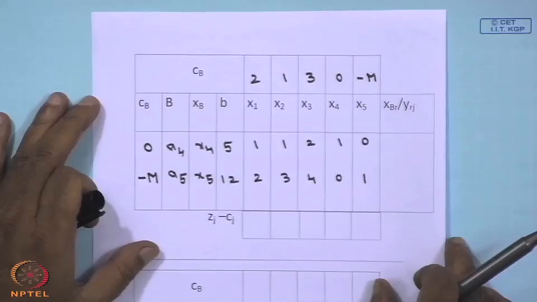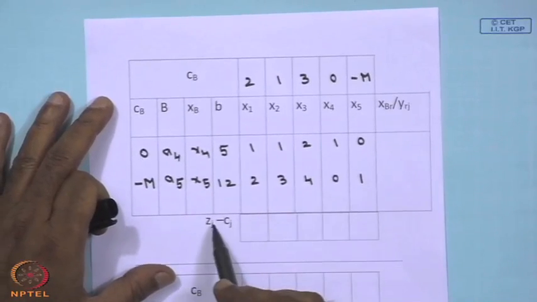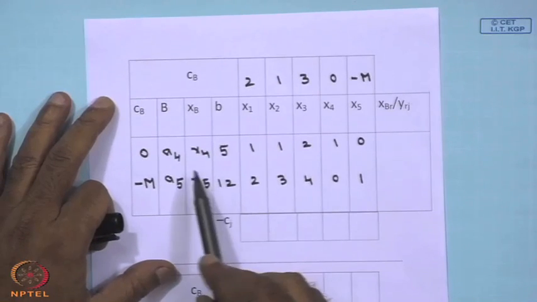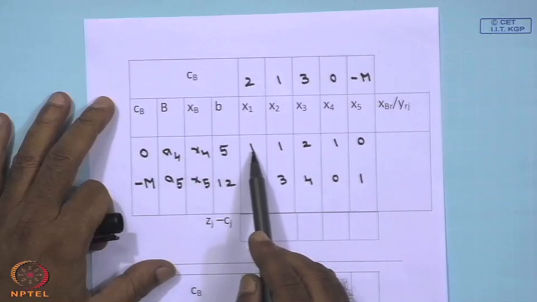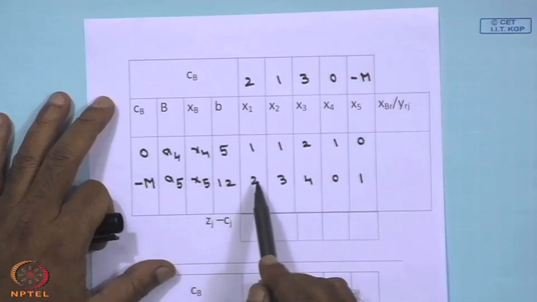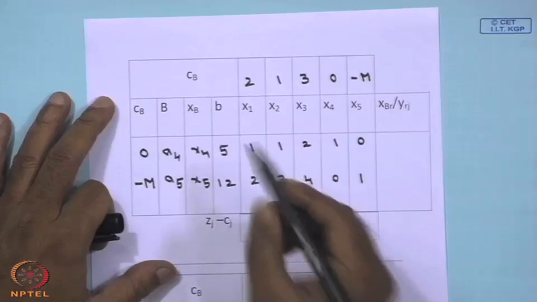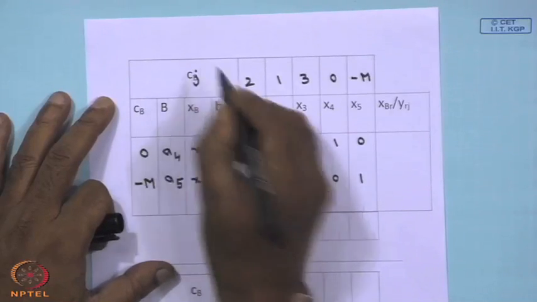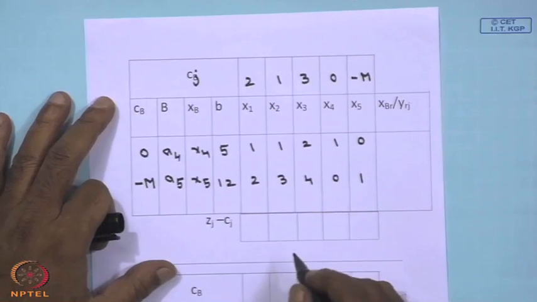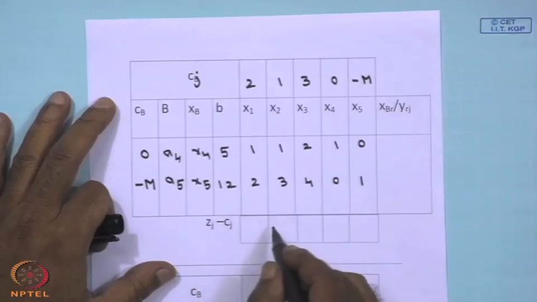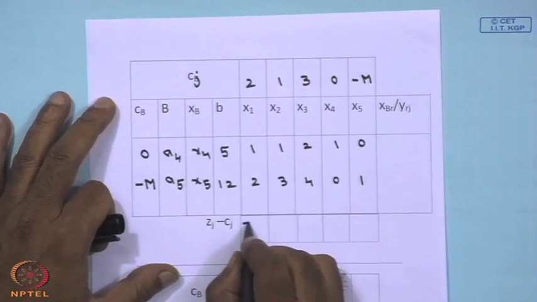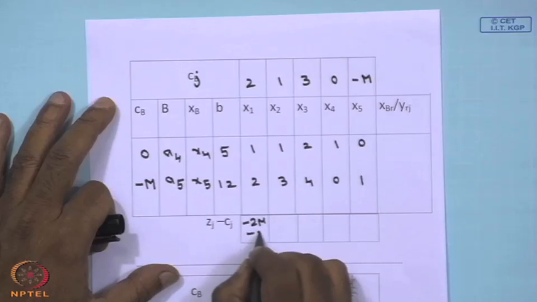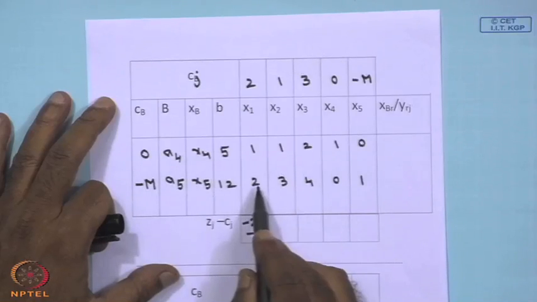Now we have to calculate z j minus c j. As you know, z j minus c j is c B into x 1 plus c B into x 2, minus c j. This is actually your c j. So it is minus 2M minus 2 for the first one, 0 into 1 minus 2M minus 2.